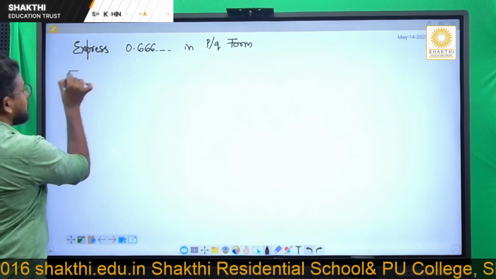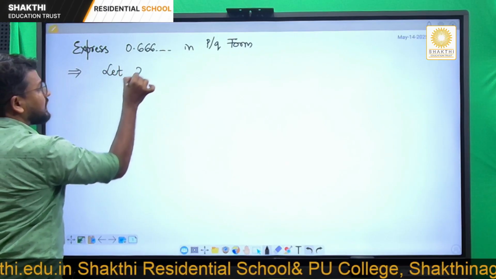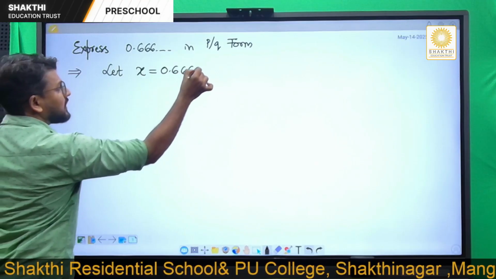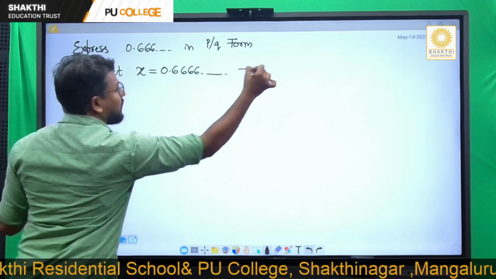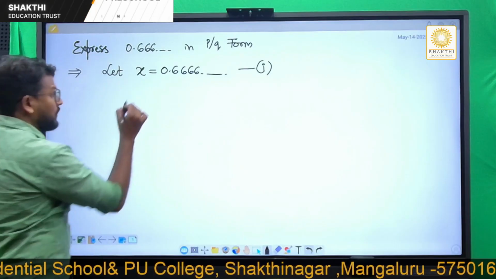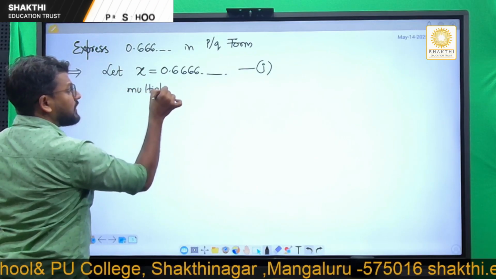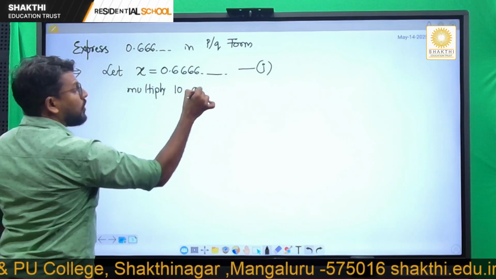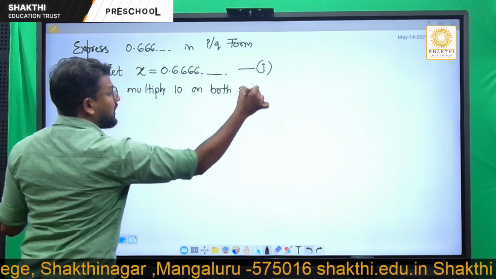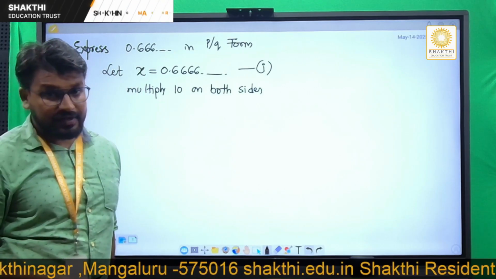What I'll do is, let x be 0.6666 and so on, and let's call this equation number 1. Now I will multiply 10 on both the sides, on the left hand side as well as the right hand side.